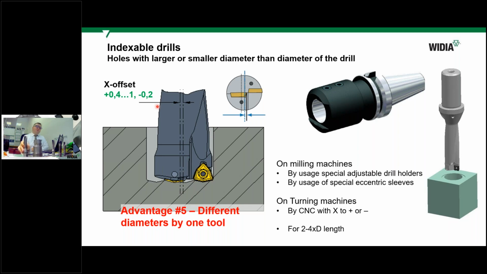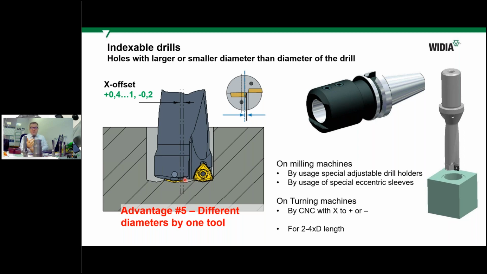But in most cases, we want to increase the diameter a little bit. So, for example, from 0.4 to 1 millimeter on radius, on the diameter it will be 2 times more. So up to 2 millimeters bigger diameter we can machine, moving the drill axis from the rotation axis.